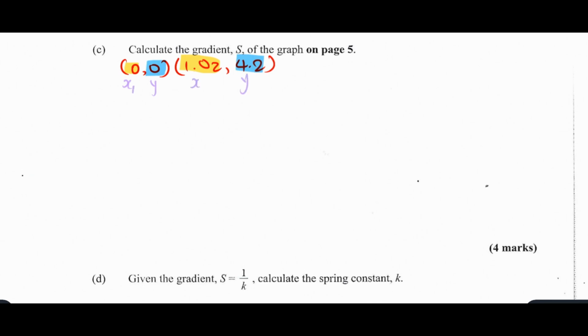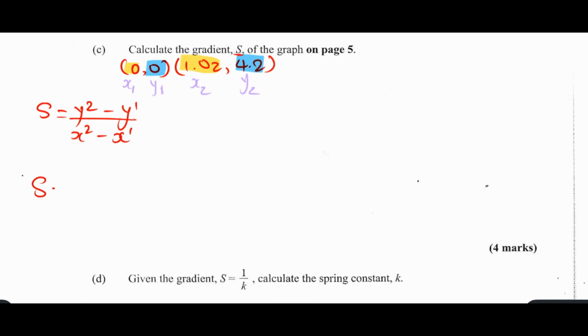If I chose this as x1, this has to be my y1. So this would make that my x2 and my y2. And the formula for calculating the gradient, in this case marked as S, is to subtract your first y value from your second y value over your second x value minus your x1 value.